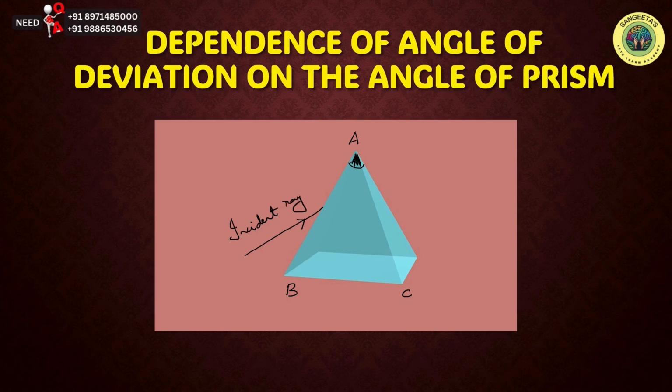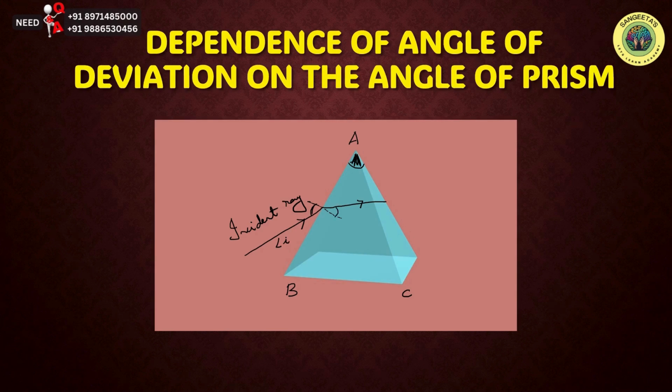Here the refraction is taking place, and this is the normal at the point of separation between the two media. The incident ray with the normal makes the angle of incidence. The refracted ray with the normal makes the angle of refraction.